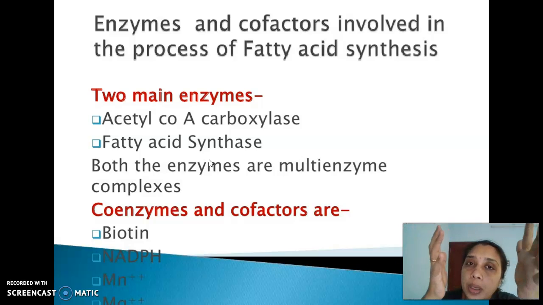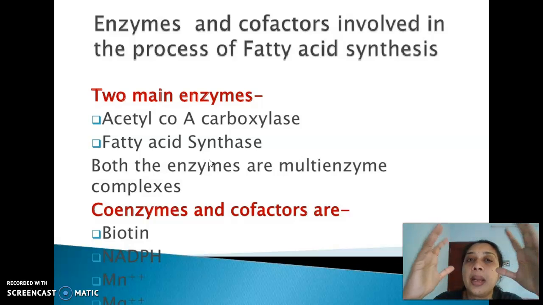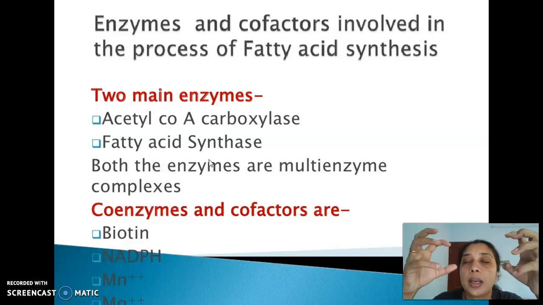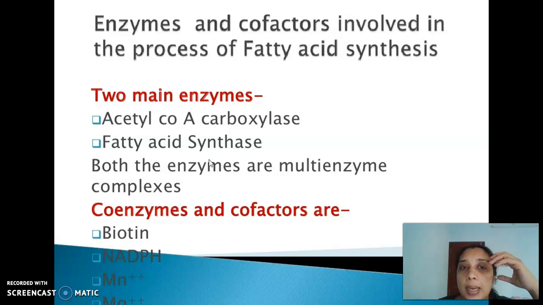Again, they are working in an orchestrated fashion, but they are individual units. Clear? So at a time, 2 acetyl-CoA molecules will be undergoing condensation, right?